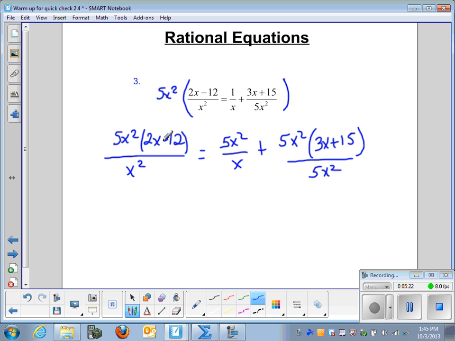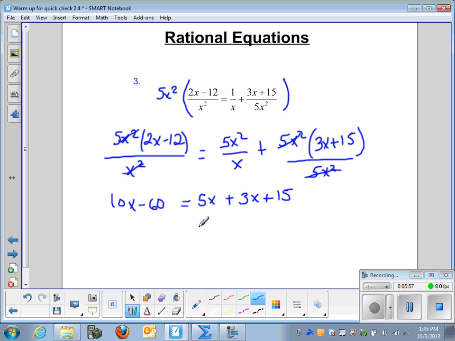So instead of distributing first, this is 5 times x squared times this parentheses. So I'm going to go ahead and simplify x squared divided by x squared, and then I'm going to distribute. I'm going to simplify here to 5x, and this is eliminated, so 3x plus 15.